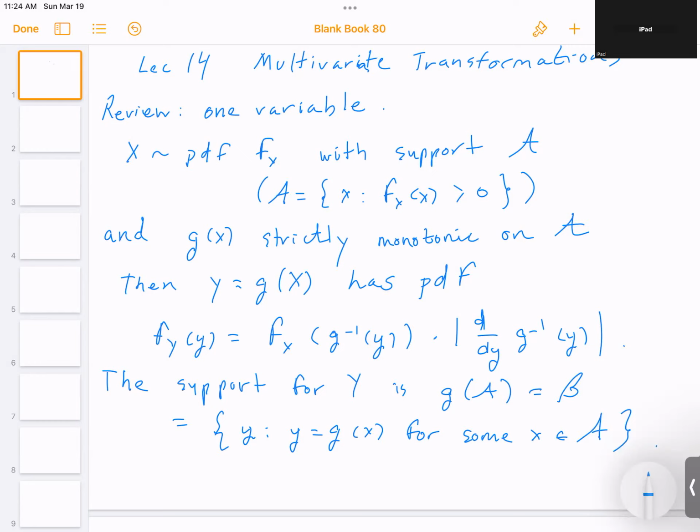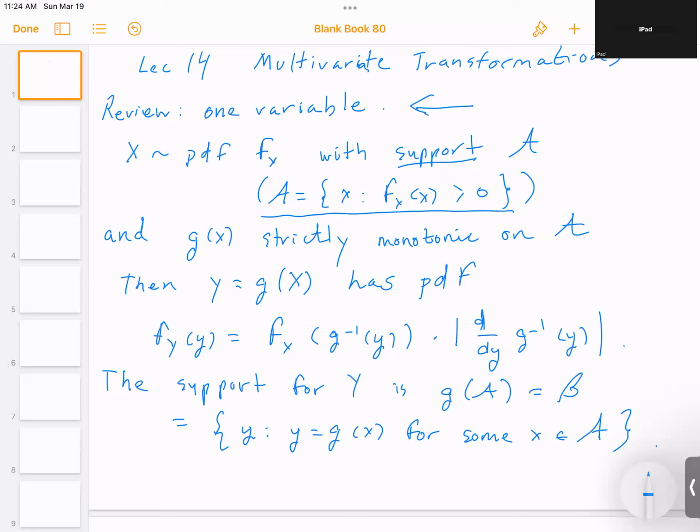Either way, we're going to focus on a few continuous ones in today's class. So, one random variable. Suppose X has a PDF f sub X and has support A, which just means that this is the set on which its density is non-zero.